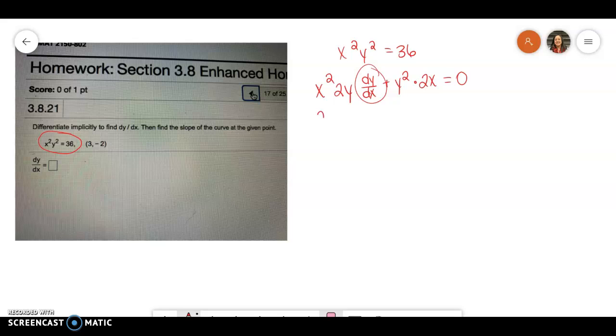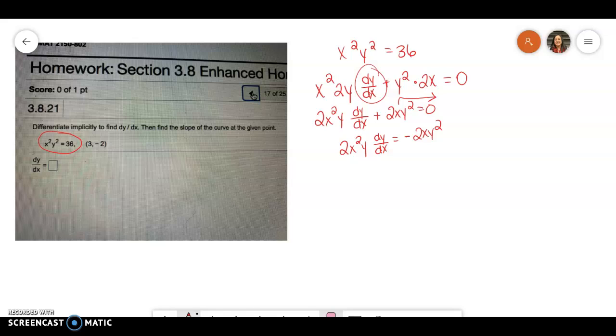So really what I have here is 2x squared y dy over dx plus 2xy squared is equal to 0. So what we can do is bring that 2xy squared to the right hand side, which will change it to negative. So I have my 2x squared y dy over dx is equal to a negative 2xy squared.